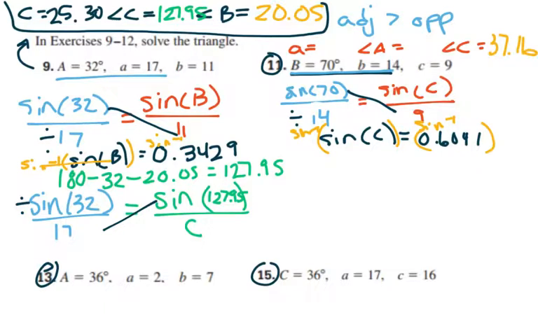Which means that if we want to find angle A, it comes from 180 minus 70 minus 37.16. So angle A is going to be 72.84.